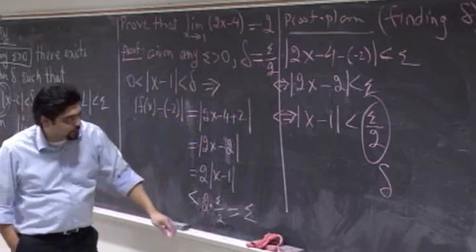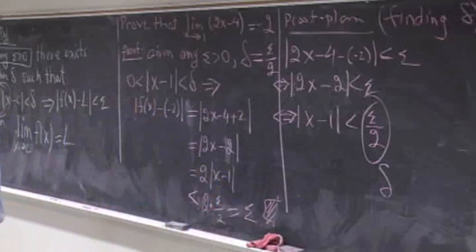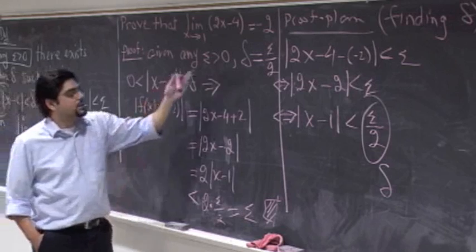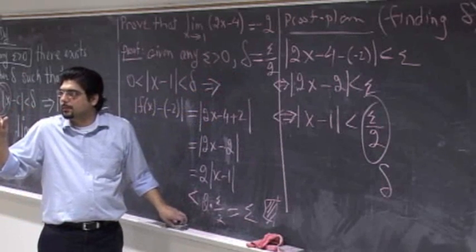Okay. And that completes the proof. So we're going to put a little box to show that we finished what we need to do. Yes? Right. So this gives us a way to control how far the function is from the limit, right?